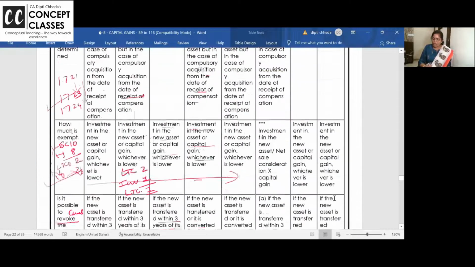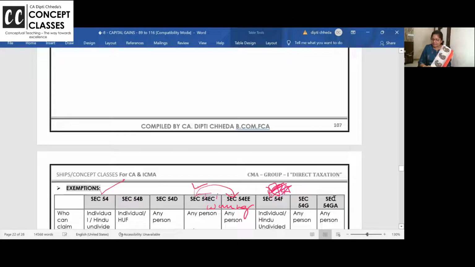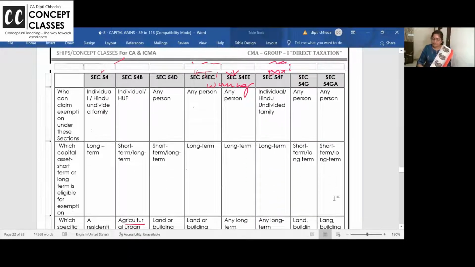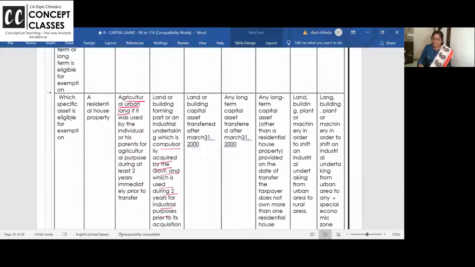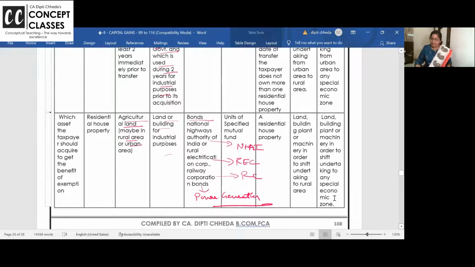And now I said these two are twinning, same to same, twin brothers. 54EC any person, 54EE any person. Long term, long term. Sell land and building, sell any long-term capital asset. Sell anything, house, jewelry, shares. Sell any long-term capital asset and buy units of a specified mutual fund.